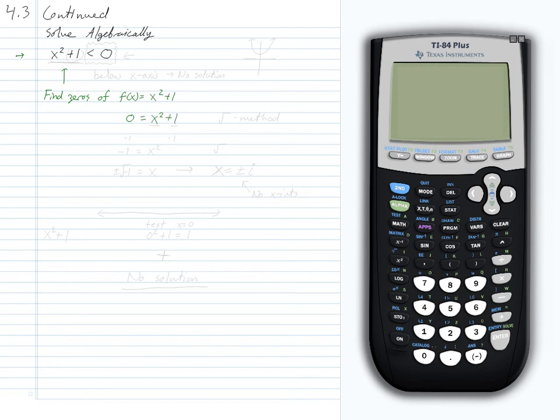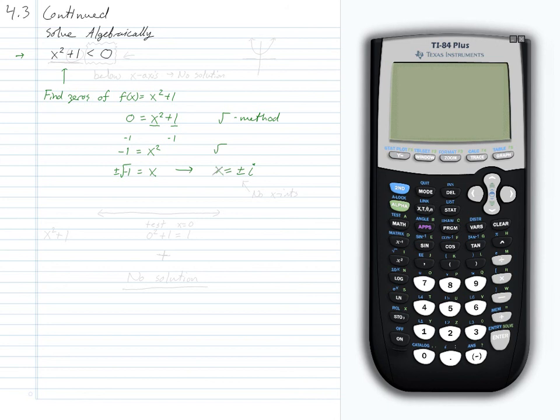Now this quadratic equation is a good candidate to use the square root method, since we only have an x squared term and a constant. So what I need to do in this case is isolate the x squared term. If I subtract 1 from both sides, I get -1 equals x squared. And then I can square root both sides and get x equals the positive or negative square root of -1. In other words, x equals positive or negative i.